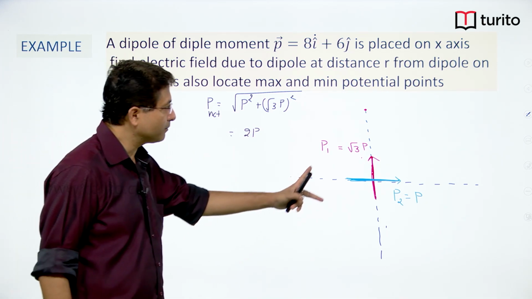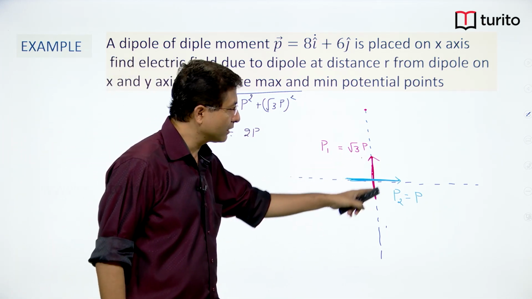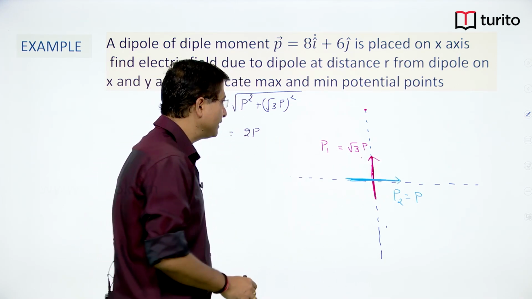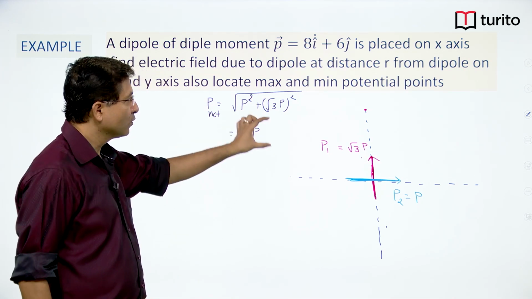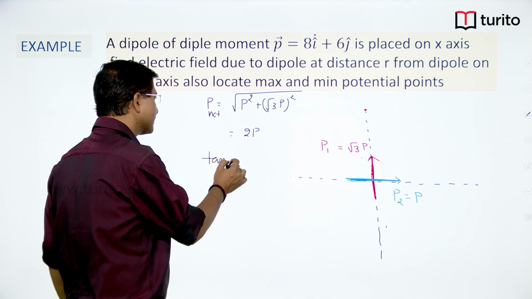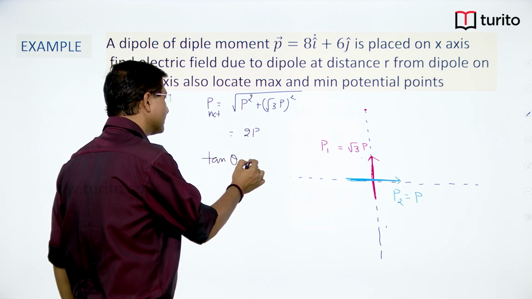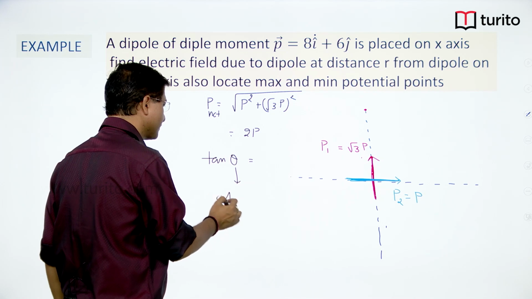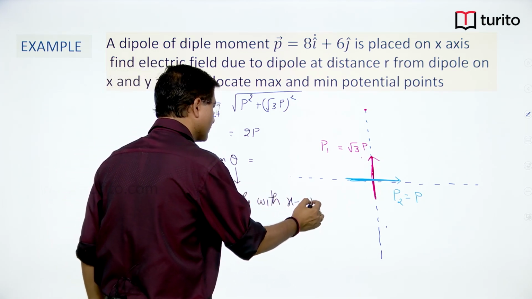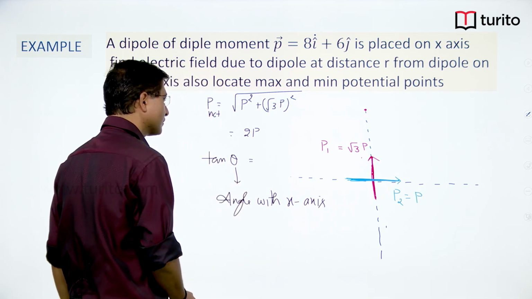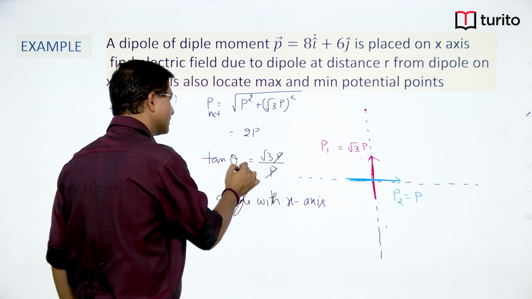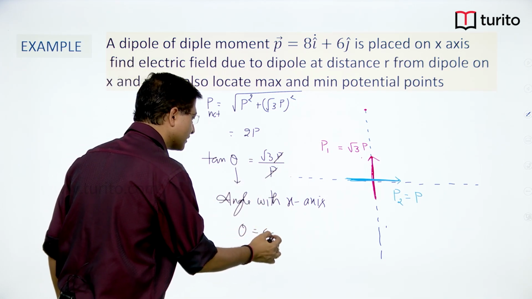So these two can be replaced by a single dipole having dipole moment 2p and the angle it makes with the x axis is y divided by x. So tan theta, the angle with the x axis, is root 3p divided by p, this theta is coming 60 degree, right.